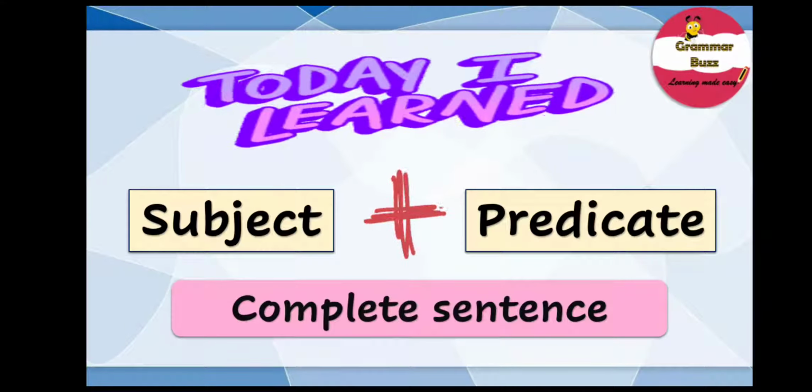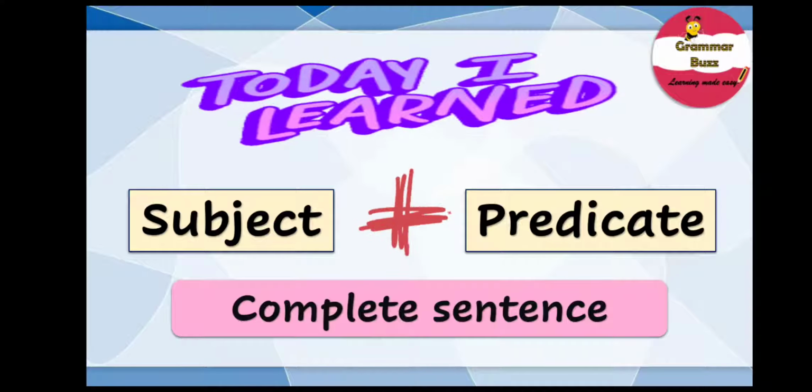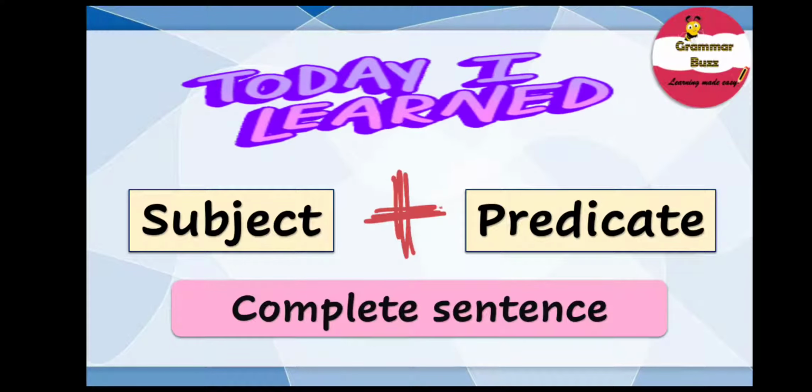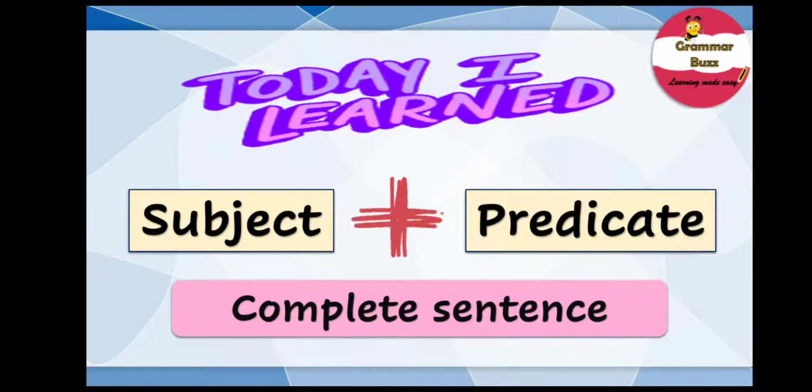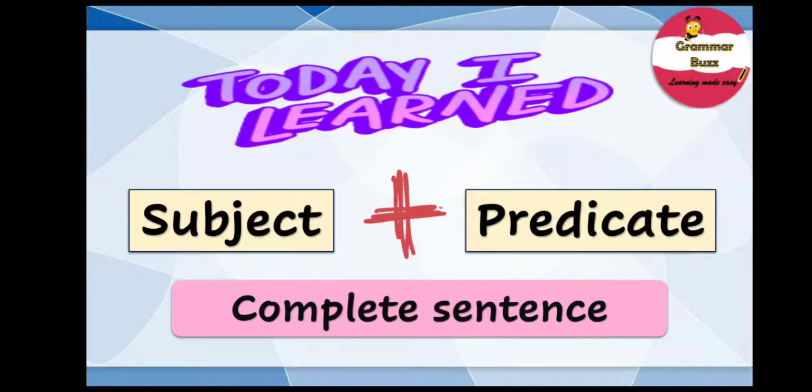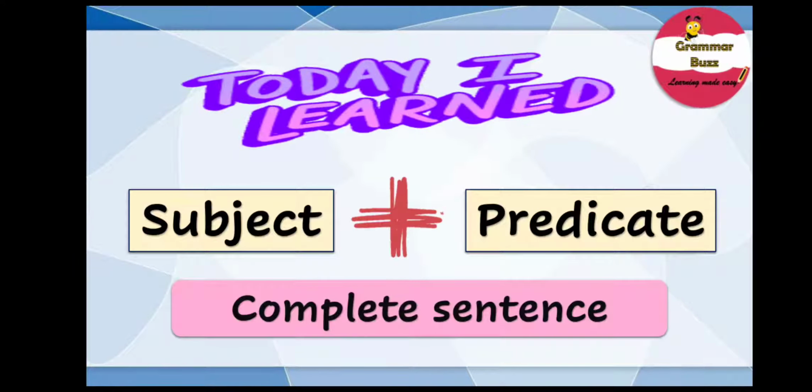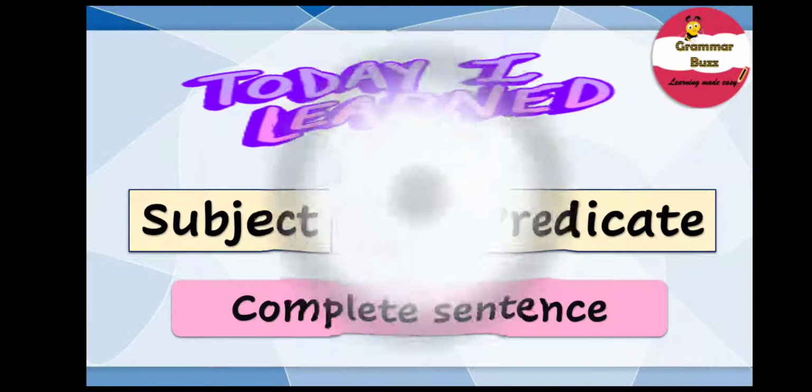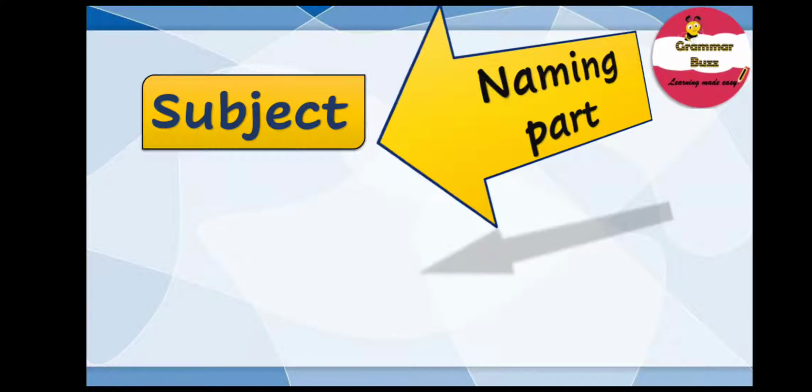Now let us learn a little more about how the subject and predicate make a complete sentence. As we have already discussed, the subject is the naming part of a sentence, and it is the first part of any sentence.